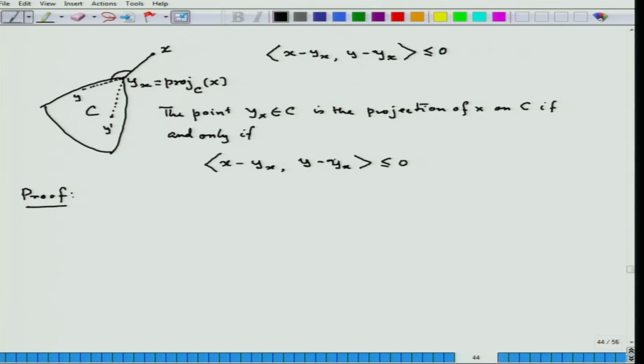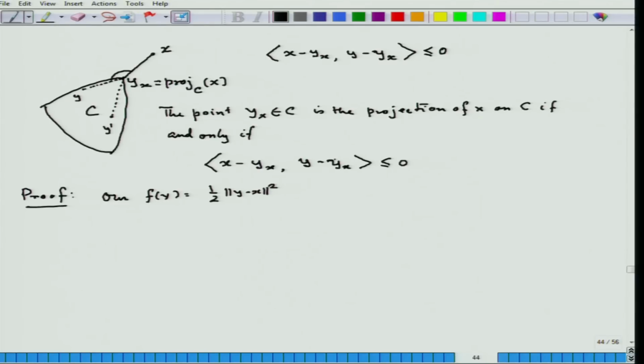How do we go about doing the proof of this fact? In our case, our f of y is half the norm of y minus x squared; of course, this f is dependent on x naturally.